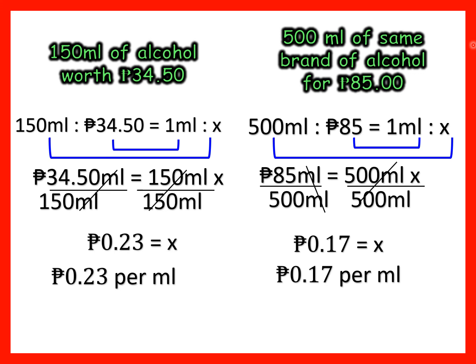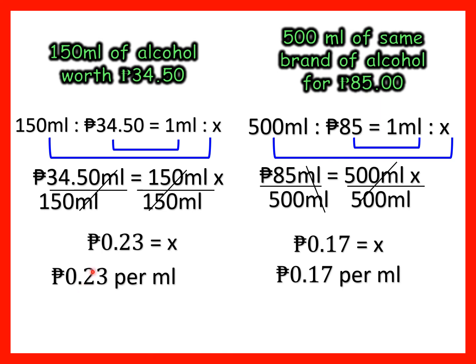From there you can easily find out that this one has a better value, since for every ml it's only 0.17 pesos compared to the first one, which is 0.23, since 0.17 is lower than 0.23. We can also find out how much you can save by multiplying 0.23 and 500. I'm trying to find out how much is the cost for 500 ml using this rate.